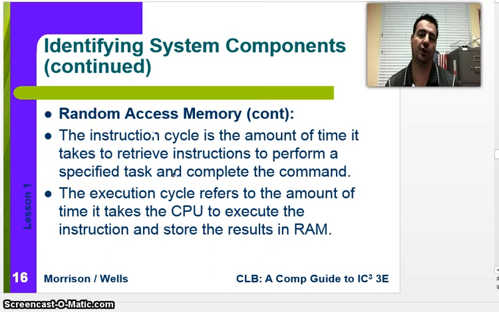The instruction cycle is the amount of time it takes to receive instructions, perform a specific task, and complete the command. Guys, this is not on the test. I'll just let you know straight up. Same thing with the execution cycle. The one thing that is on the test is what we talked about yesterday, which was the information processing cycle.